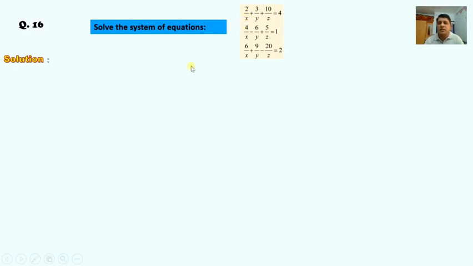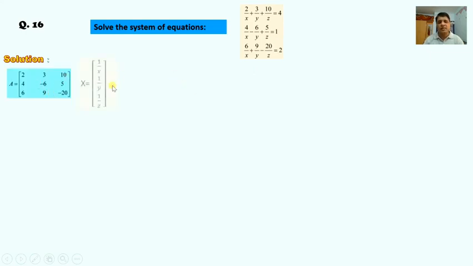So instead of now small x, we were writing small y and small z, that was in column format. So that same thing we will write in whatever it is given in the question, that is capital X matrix is equal to 1 upon x, 1 upon y, and 1 upon z. And the right hand side, the matrix B is 4, 1, 2.